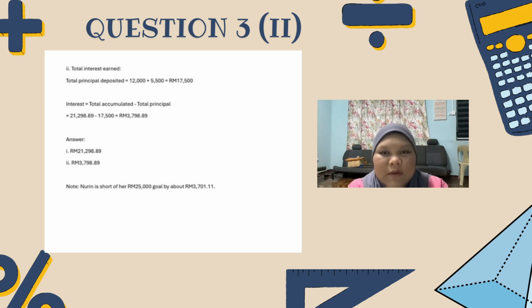Principal invested 12,000 plus 5,500 equals 17,500. The total interest earned, 21,298.89 minus 17,500 equals RM3,798.89. So for question 1, the answer is RM21,298.89, and for question 2, RM3,798.89. She needs 25,000, so she's still short by RM3,701.11.